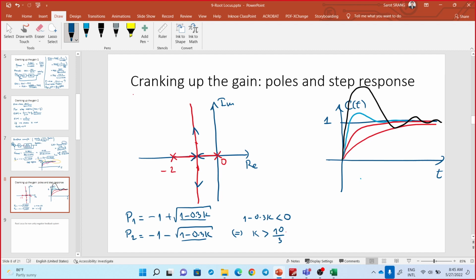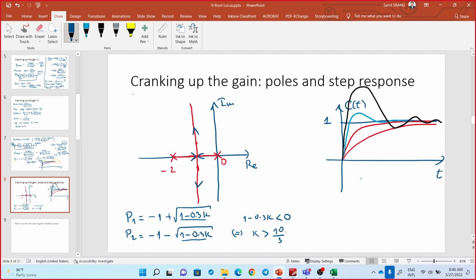I hope you get some insight into what root locus is all about, and you must be aware of how the step response looks if you have a root locus in one particular form.